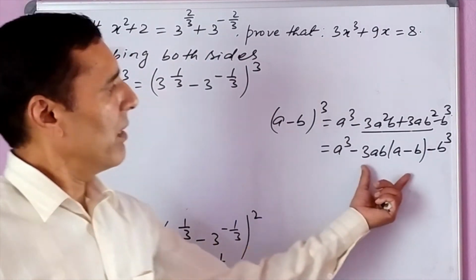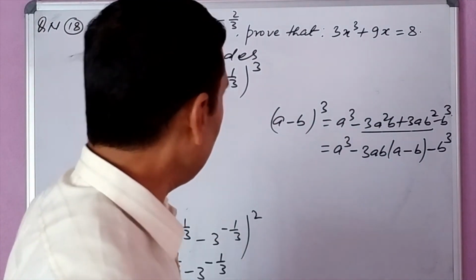So a minus b whole cube is equal to, we can write the second line also. I am using the second form.